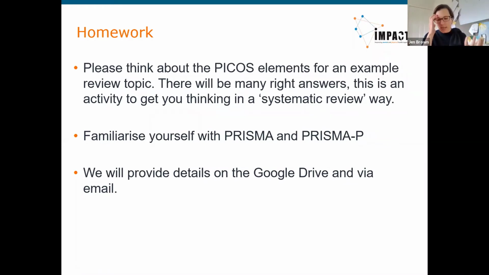So what we want to do again is to get you into this way of thinking about, these are the things that I need to define, and this is one of the ways that I could do that. Familiarize yourself with PRISMA and PRISMA-P. Again, all the details and resources that you need for that will be on the Google Drive and via email. So hopefully that will give us a really good way to deepen your understanding of what we did today, and then next time, in a fortnight, we can pick up on those things again.